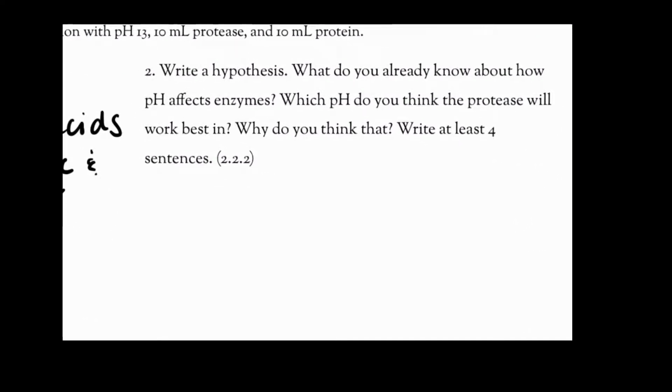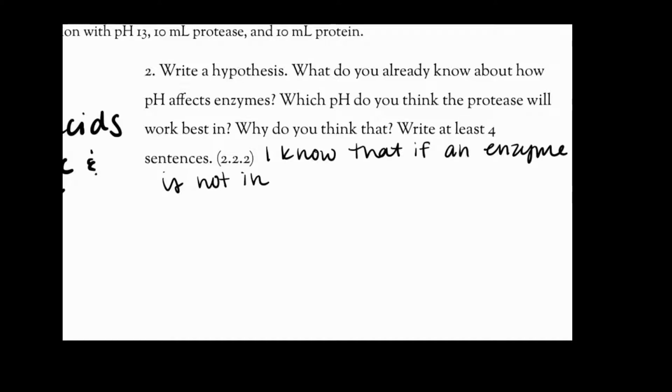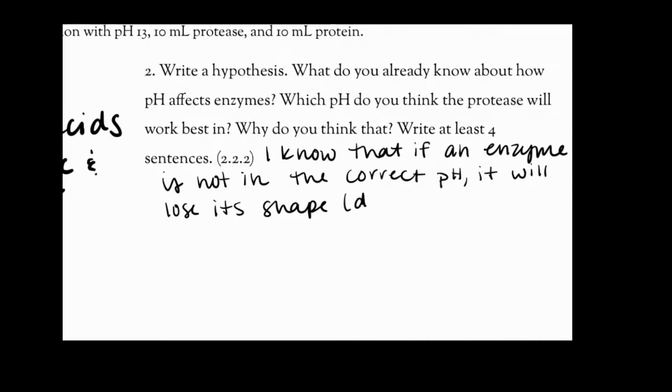So what do I already know about how pH affects enzymes? I know that if an enzyme is not in the correct pH, it will lose its shape. And if we remember, the vocab word for that is denature.